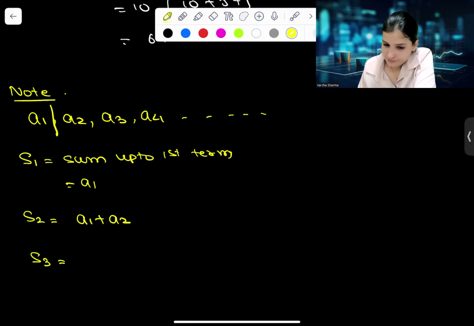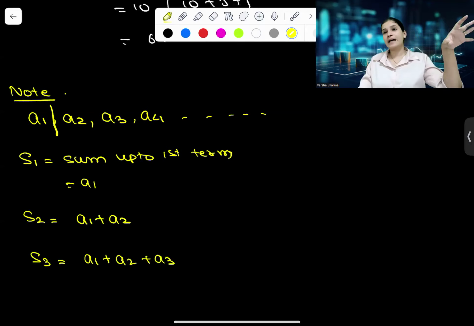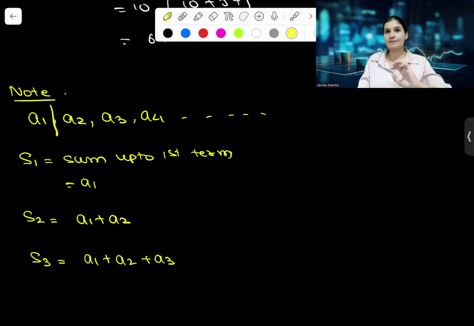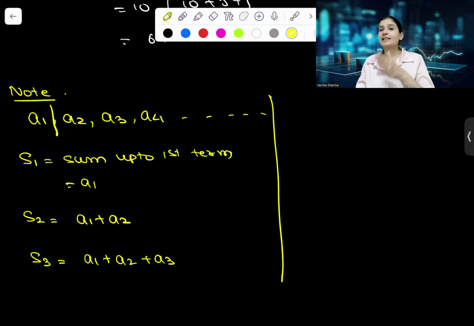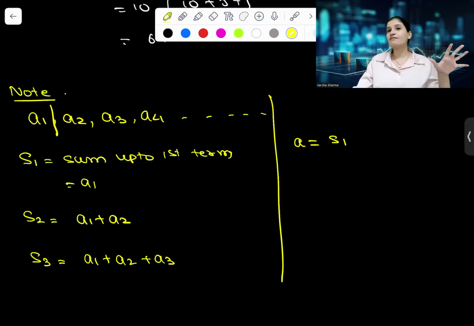S3 will be A1 plus A2 plus A3. So if I have the terms, I can add them up and get the sum. Reverse, if I have the sums, we can subtract and get the terms. So A1 is the same as S1. The first term is the same as the first sum. Yes or no? Yes, ma'am.